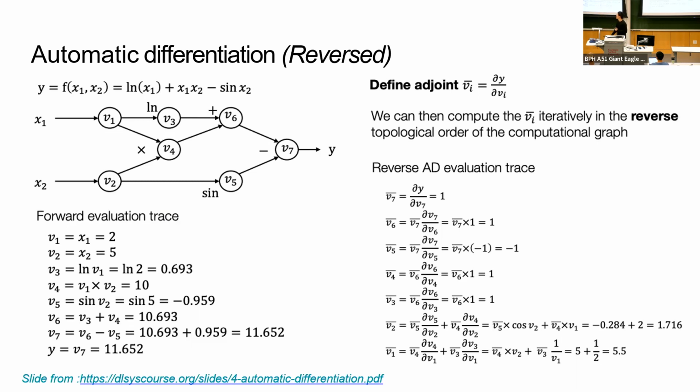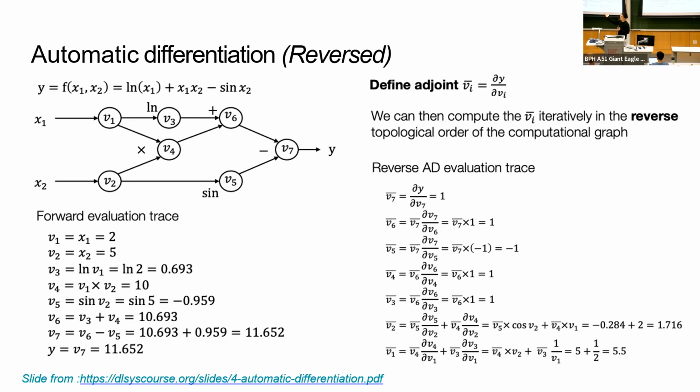Only one thing to notice is that for v2, there are two branches. One is v1 times v2 to v4, which contributes a part to v2. And another part is sine v2 equal to v5, which is another part contributing to the partial derivative of v2.